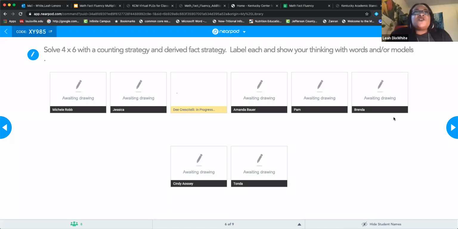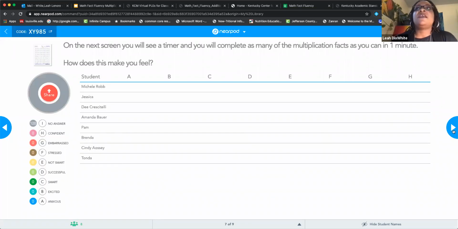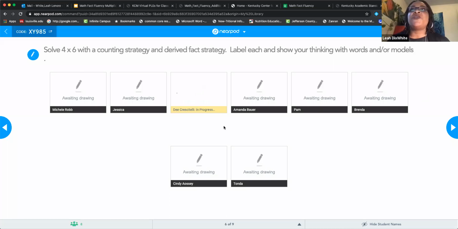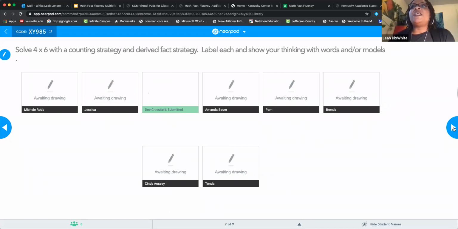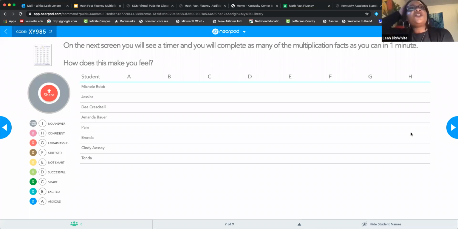But it's just a way so that you can practice distinguishing between the two. And so we did that in our cohort when we were doing the book study. And so if you wanted to take some time to look at that, you can, and we can share those. If not, we can move right on because I don't really think we have a whole lot of time to look at all of those different things, but we can move on to the next screen.